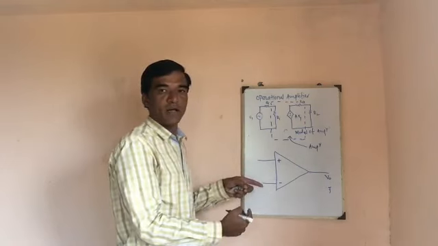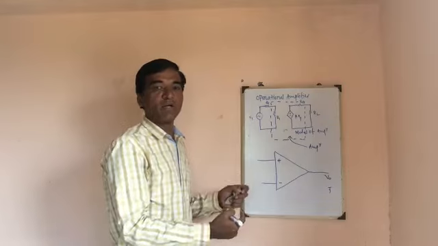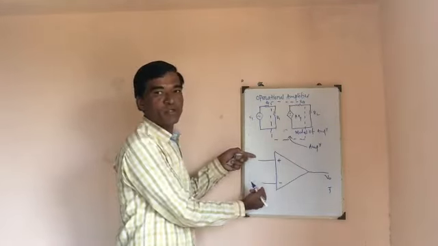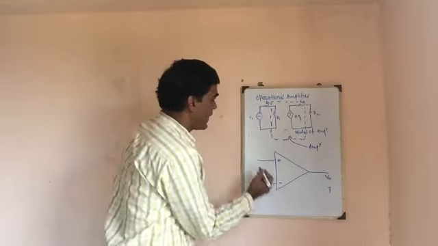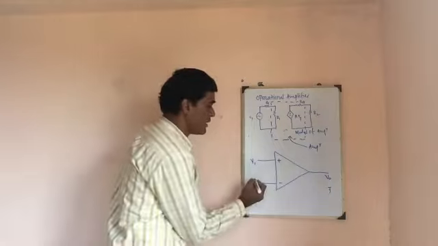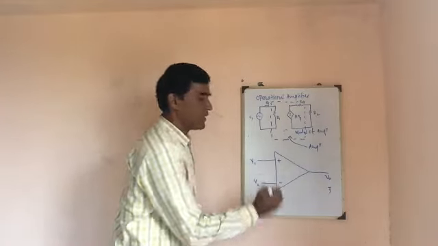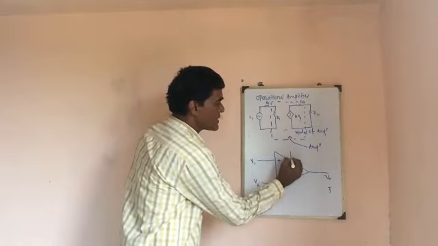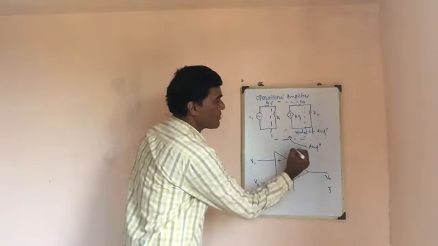This is the single-ended mode of applying the input. Another mode is double-ended, where I apply both inputs at a time. Let us say we apply the input voltage V1 at the inverting terminal and V2 at the non-inverting terminal.